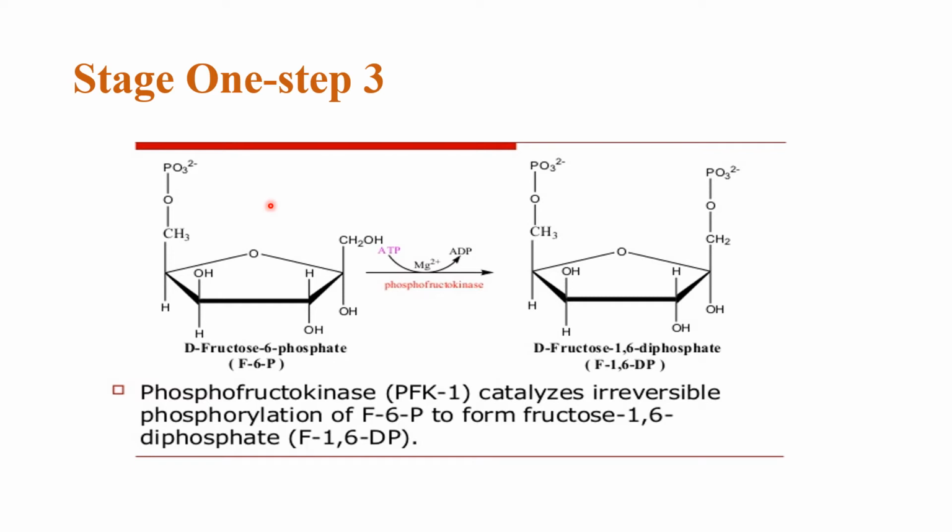So we take fructose 6-phosphate, and again, because we want to add a phosphoryl group, we are going to have phosphofructokinase. The process adds a phosphoryl group onto this oxygen here. And now we have a symmetrical molecule.